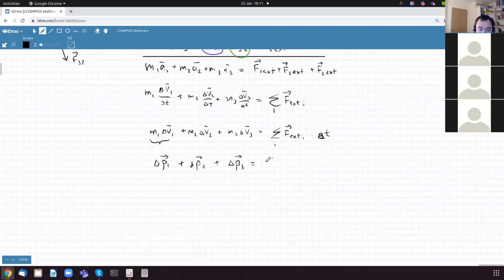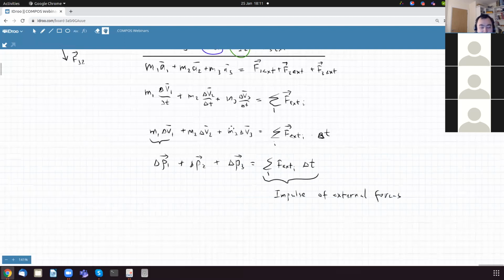And it's equal to the sum of the external forces multiplied by delta T. Now this term, we can say, is the impulse of external forces.